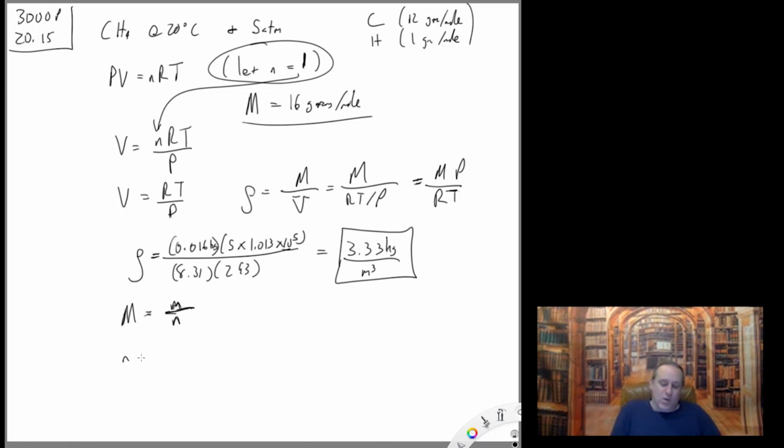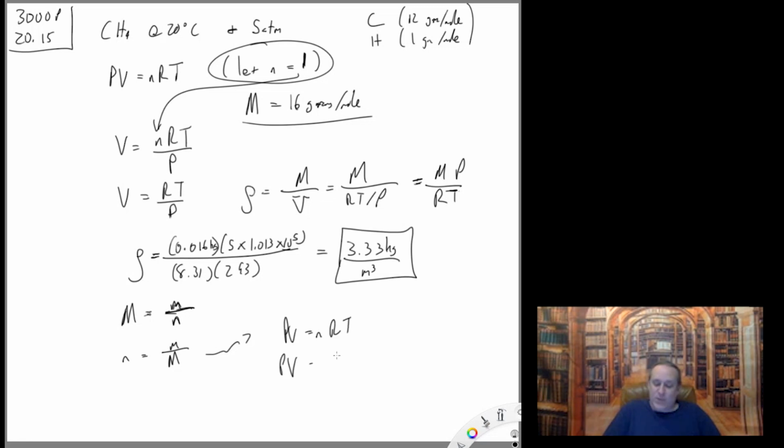So the number of moles is equal to the total mass over the molar mass. We could put that into the ideal gas law, PV equals nRT.